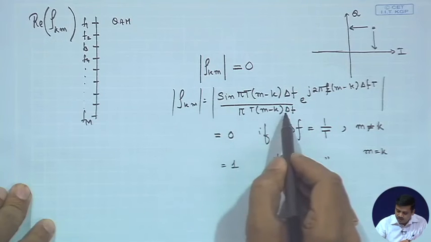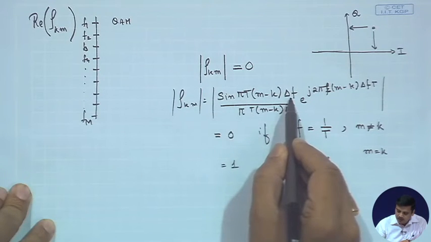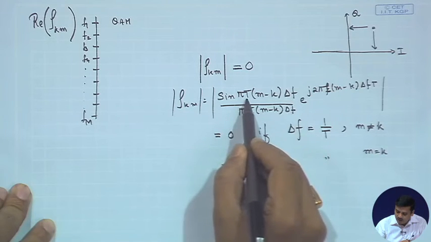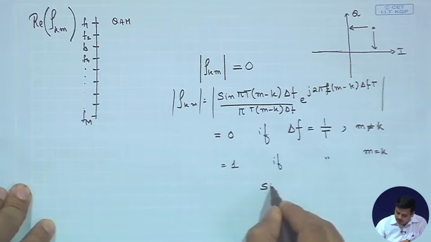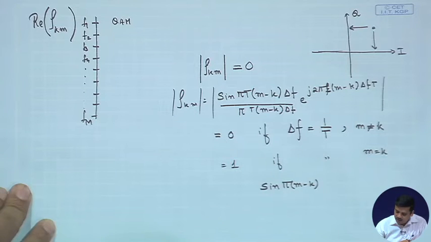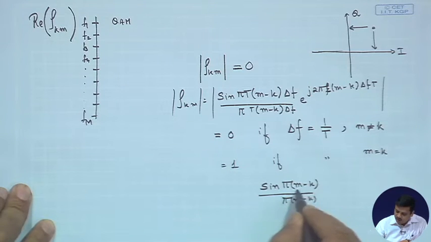So, we are interested in the sinc, and the sinc would go to 0 clearly by the earlier condition that delta f is equal to 1 upon t, because if delta f is equal to 1 upon t, what you are left with in the numerator is sin pi (m minus k), and in the denominator of course you have pi (m minus k), which is a sinc function and which goes to 0 for m not equal to k, and which is equal to 1 for m equal to k.